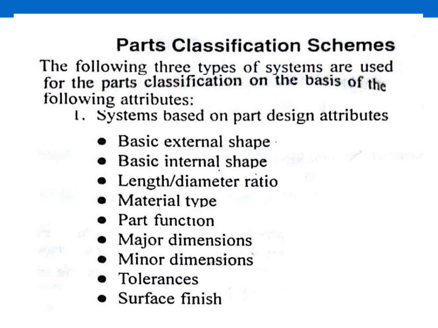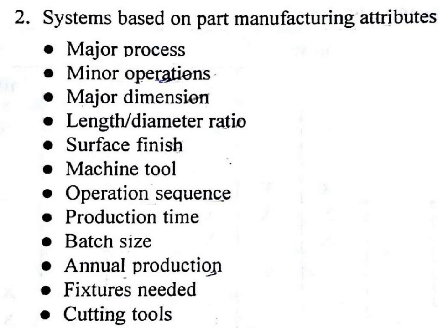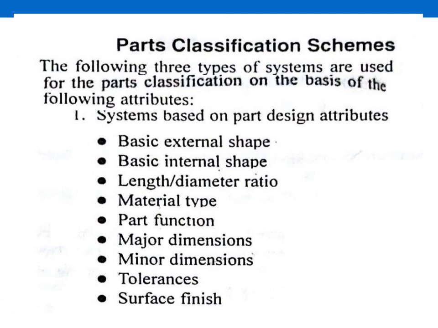These are examples: basic external shape, basic internal shape, L by D ratio, means length by diameter ratio, material type, part function, major dimension, minor dimension, tolerance, surface finish. So all these are design attributes, means related to the design of the part.